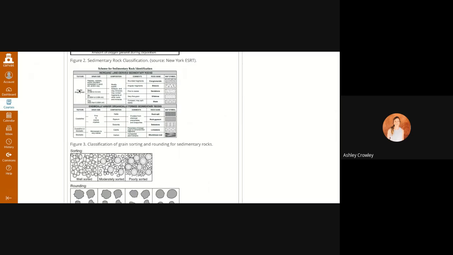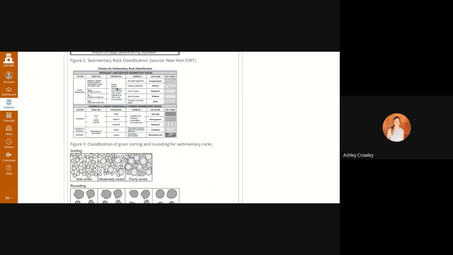And so like we said, clastic or non-clastic is based off of, is it a conglomerate or a composition of lots of other tiny little rocks, or was it chemically and organically or biologically formed? So next we're looking at the grain size. Is it big? Is it small? Looking at the composition, so what is it made out of?